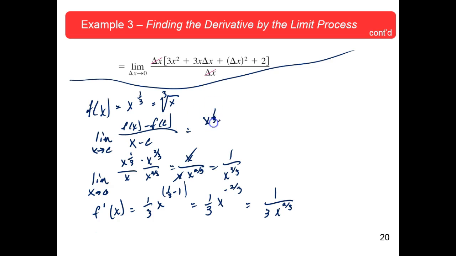x to the 1/3 minus c to the 1/3 over x minus c. Now this time we multiply by the conjugate.